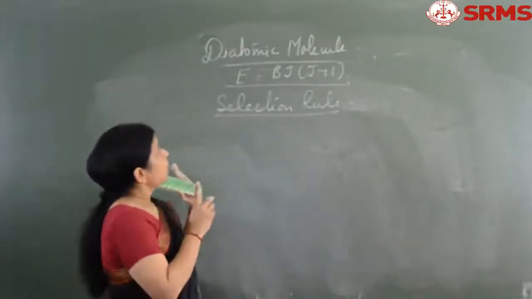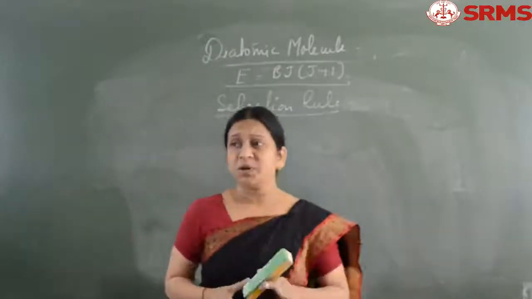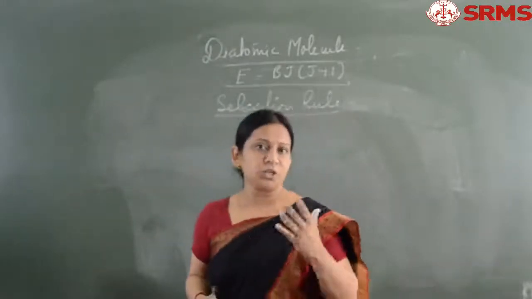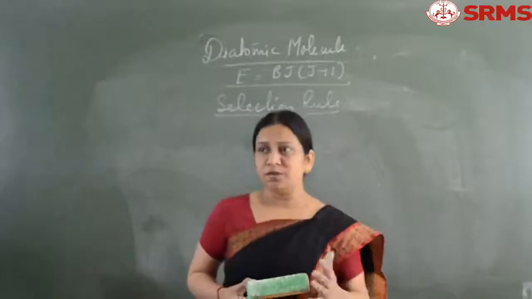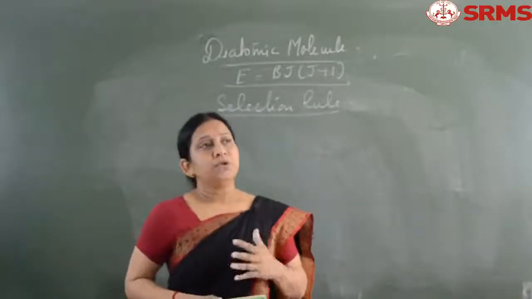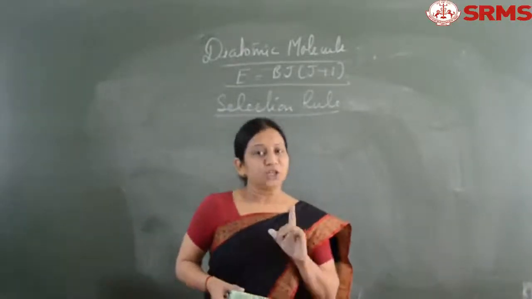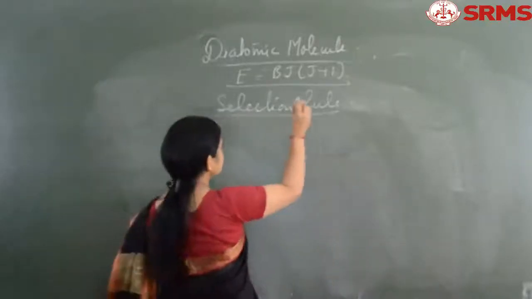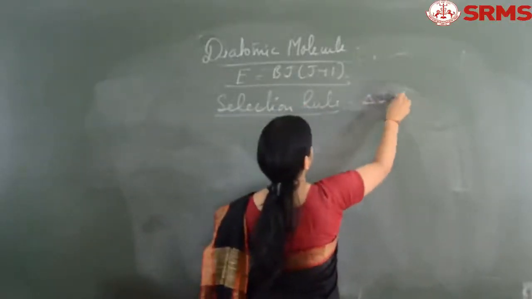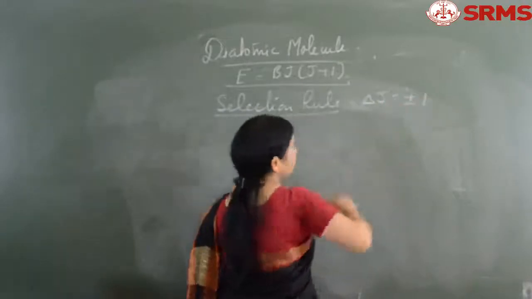Now in case of rotational spectra, because we are talking in terms of rotational energy levels, and as I already said, the rotational energy level is given by J, the selection rule here is delta J is equal to plus minus 1.